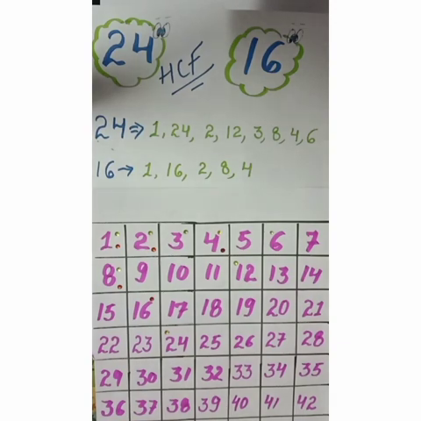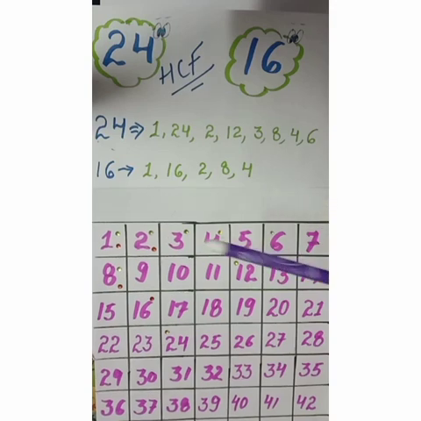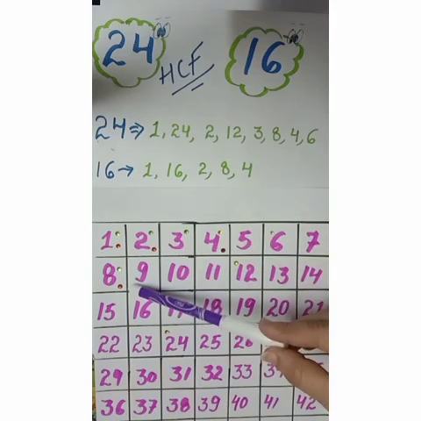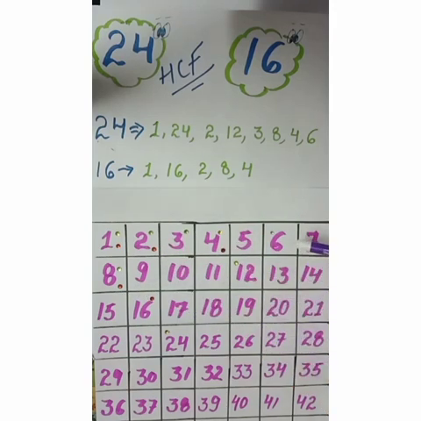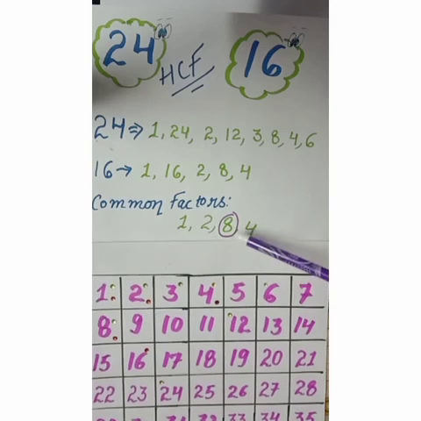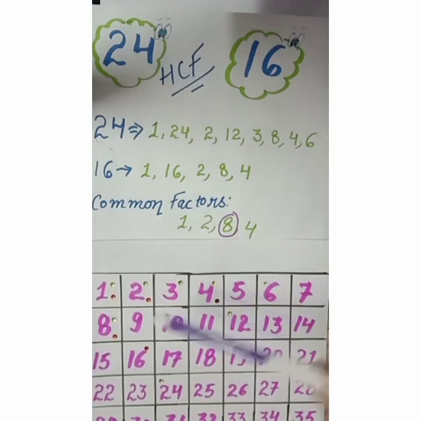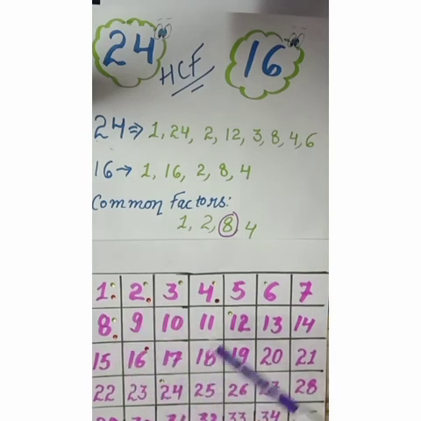Now you might have noticed one thing. On some numbers we have 2 dots and on some only 1 dot. It means the numbers which have 2 dots are the common factors of both the numbers, like 1, 2, 4, 8. So they wrote over here that the common factors are 1, 2, 8 and 4.